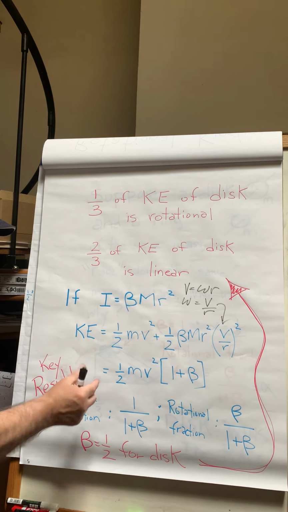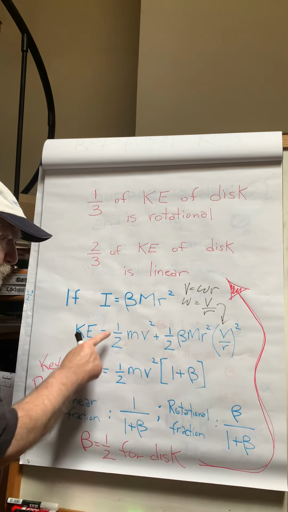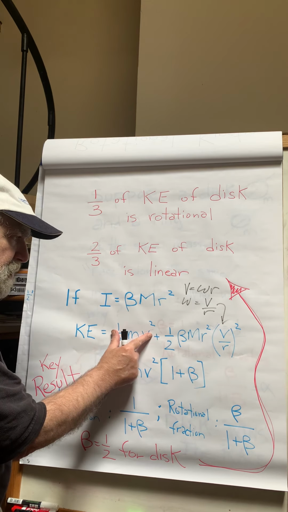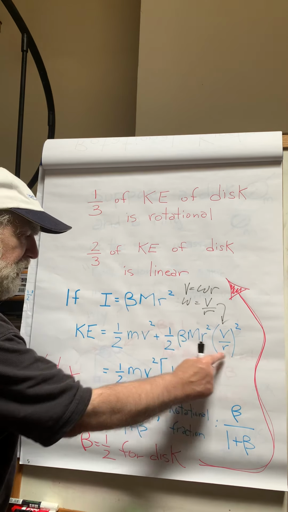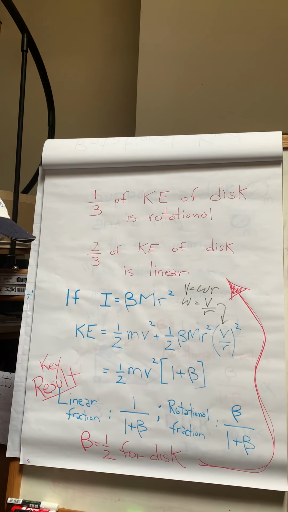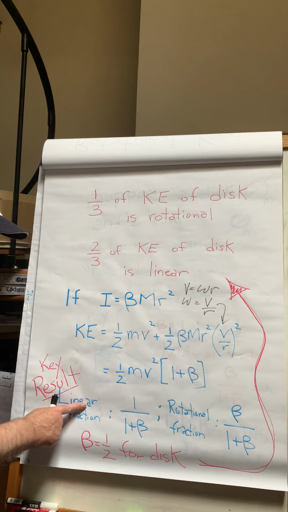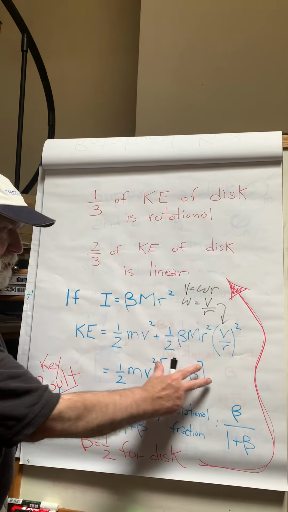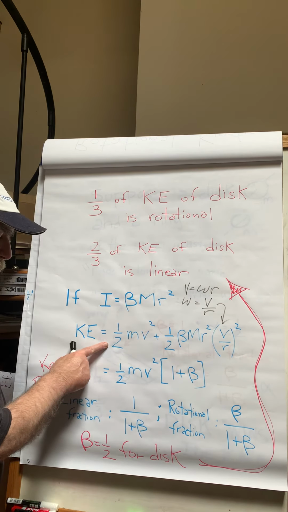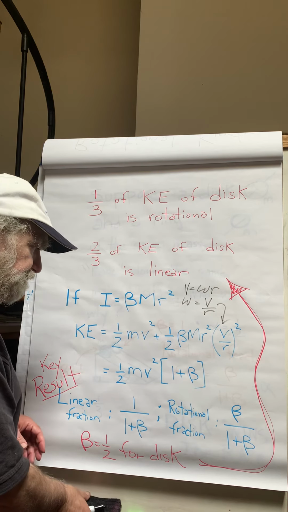I have factored out 1/2 mv squared, the r squareds canceled, and I get 1 plus beta. And I ask what fraction of this is linear? If this is the total amount, what fraction is the 1/2 mv squared?